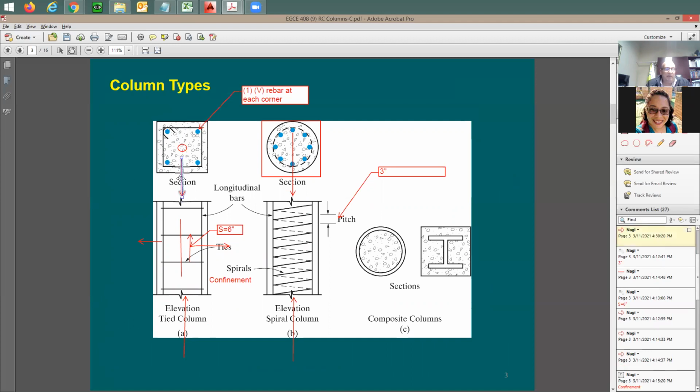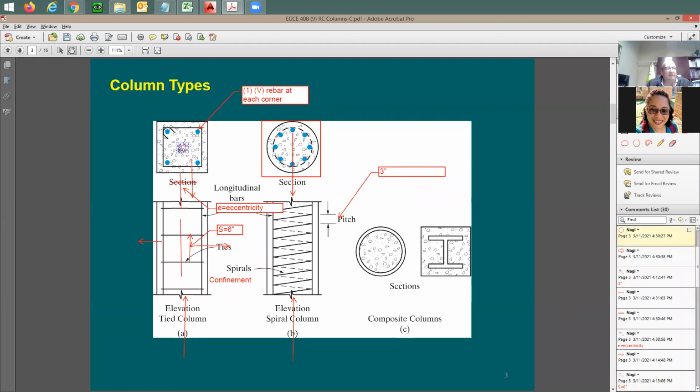The eccentricity is the distance from the center of the column to the point of applied load. I'm going to call this E, which stands for eccentricity.